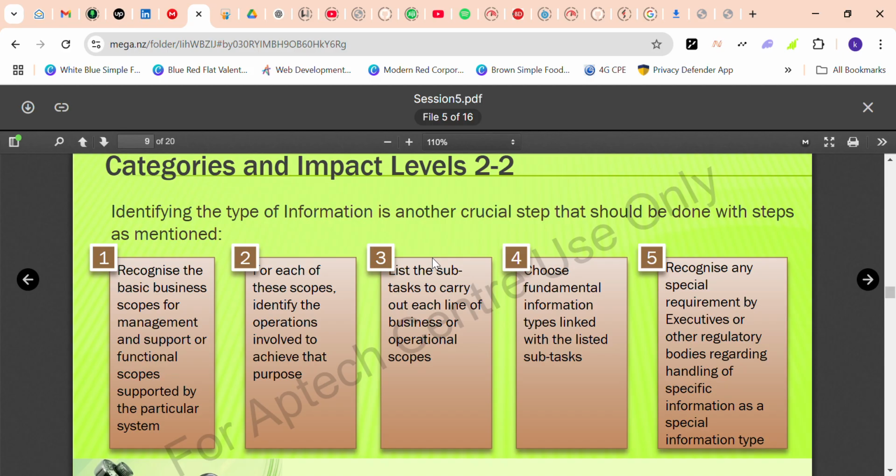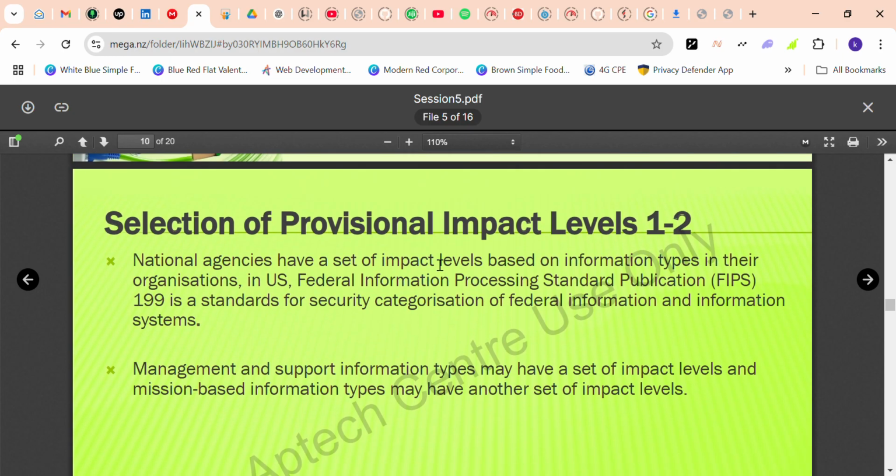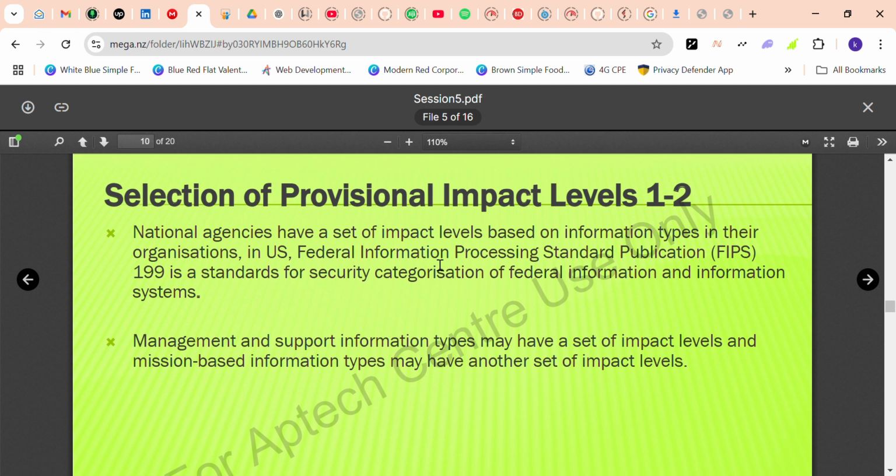You also have to recognize standards like ISO 27001 or ISO 27002, so that you are able to achieve your goal, or is it COVID? And so forth.